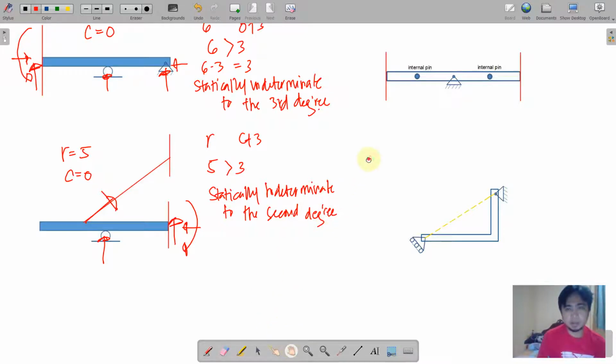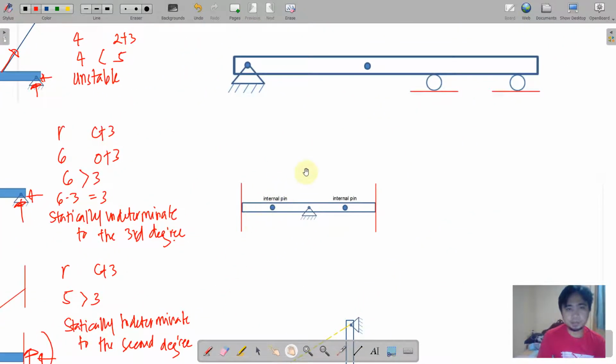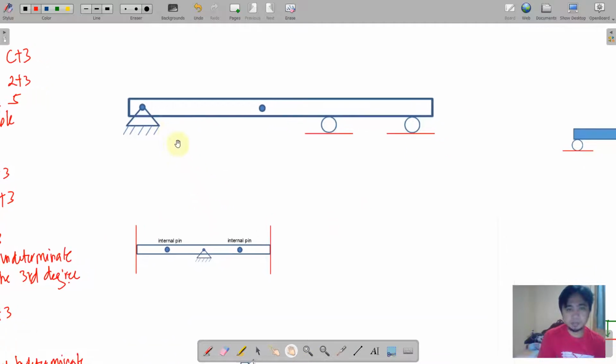Okay. So for the next problem, we have this beam supported by a hinge here, another hinge, and 2 rollers. If we are going to load this one, of course there will be a mechanism of instability here because this joint will swing or rotate, whether clockwise or counterclockwise.